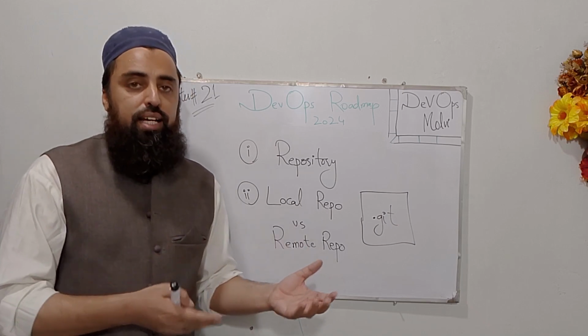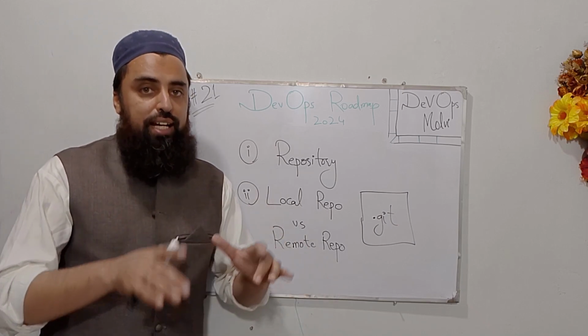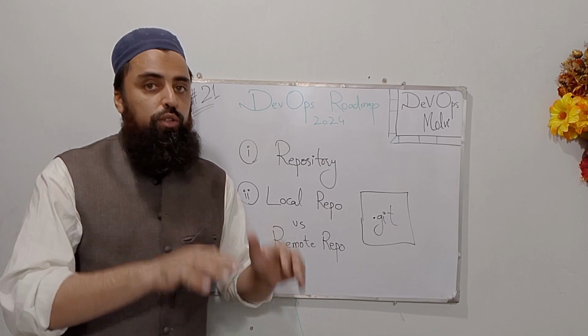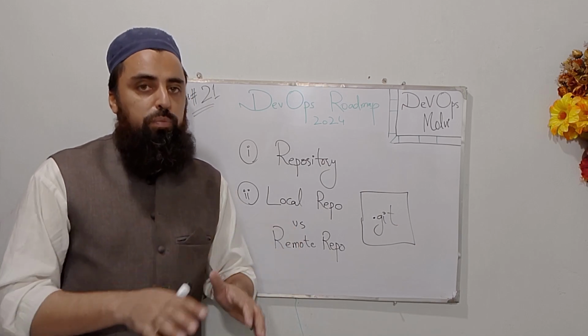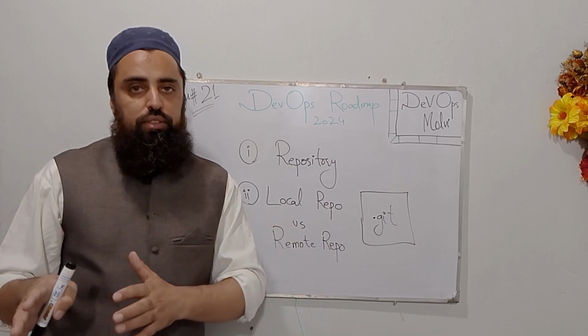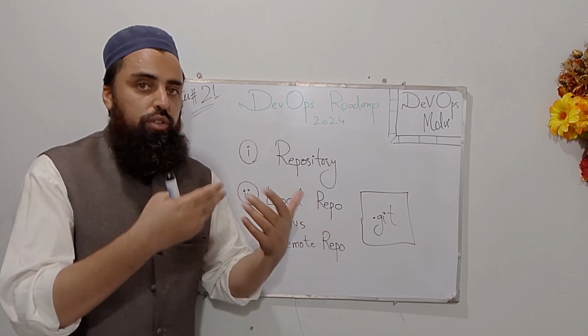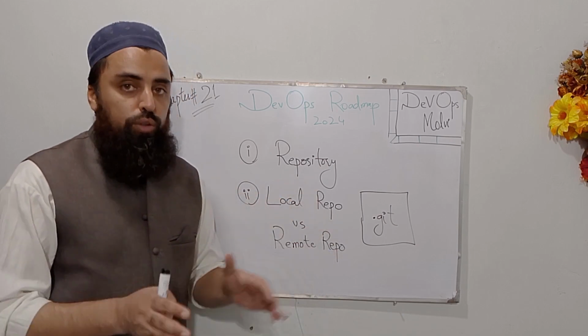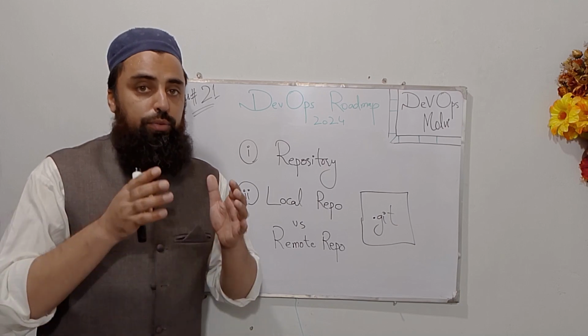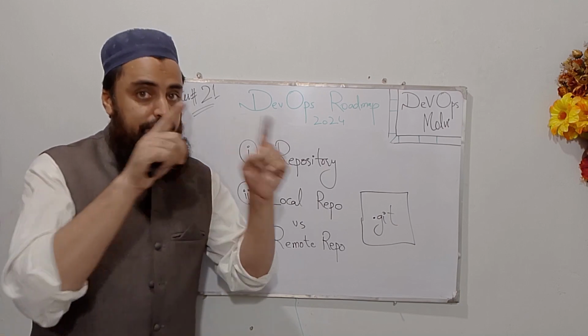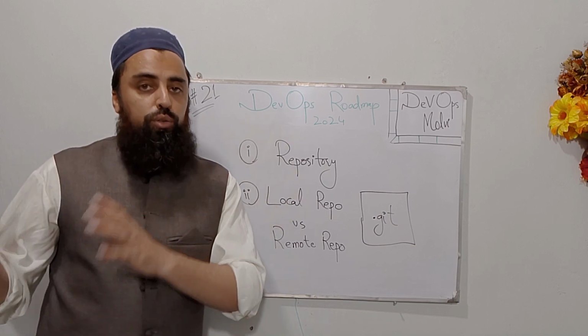As the name says, a local repository means the repository on your local VM, and that cannot be accessed by other developers. It can be worked on by you only, and it is on your local VM. And a remote repository means the repository or the Git directory on a remote location.